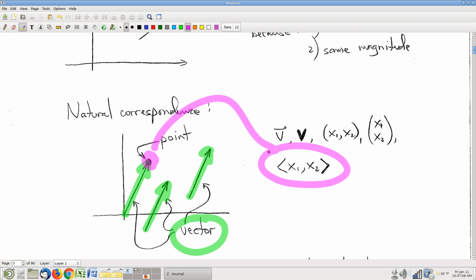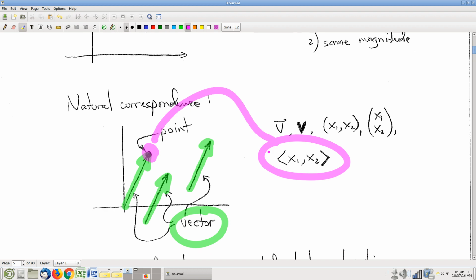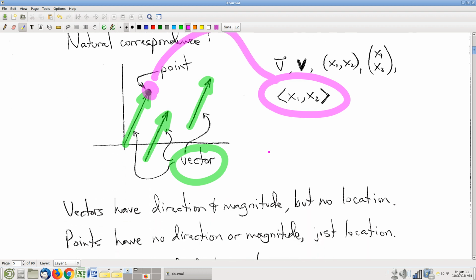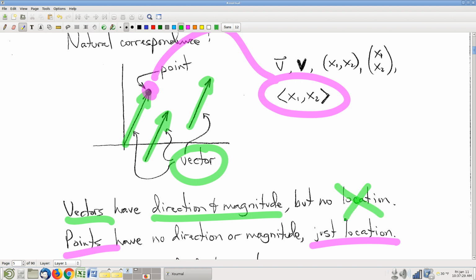I'm never confused as to which one is being referred to by virtue of the fact that they have entirely complementary characteristics. Points have locations. Vectors have directions and magnitude. They don't have a location. Right? Points don't have direction or magnitude.